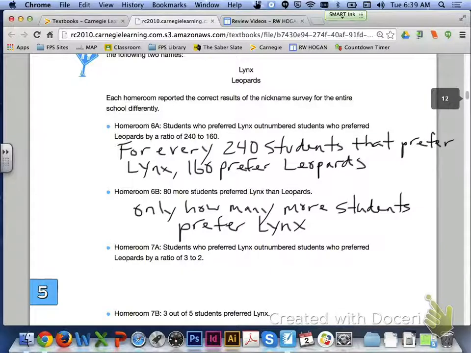Let's take a look at homeroom 6A and 6B. For homeroom 6A, these results tell us that for every 240 students who prefer lynx, there will be 160 students who then prefer leopards. For homeroom 6B, these results are only telling me how many more students preferred lynx.